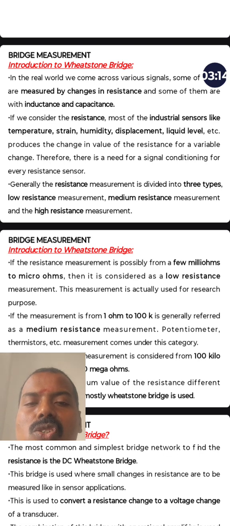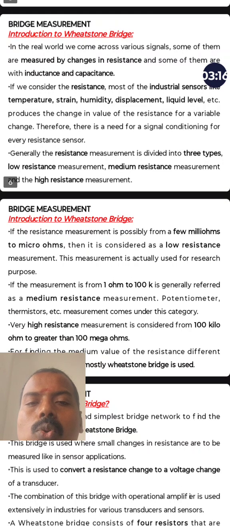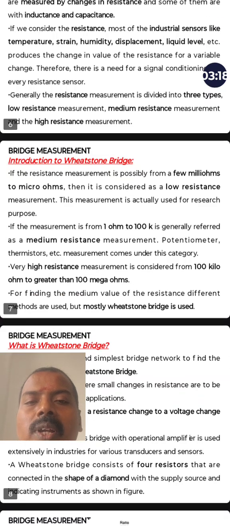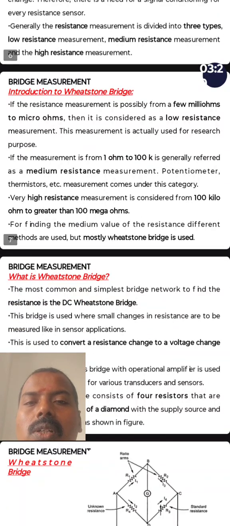Generally resistance measurement is divided into three types: low resistance, medium resistance and high resistance. A few milliohms to micro ohms is considered low resistance, 1 ohm to 100 kilo ohm is generally referred to as medium resistance, and 100 kilo ohm to greater than 100 mega ohm is what we call high resistance measurement.